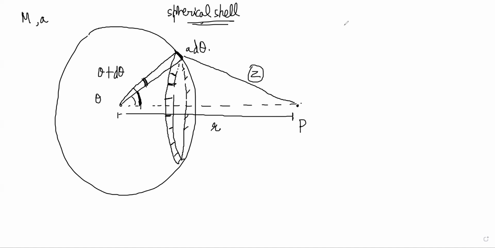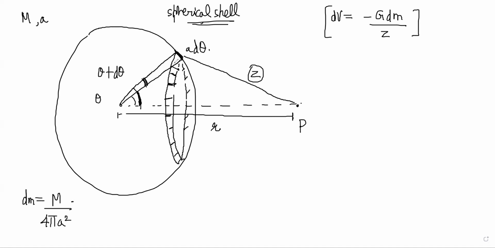Now, obviously, by the ring formula, we know dv should be minus g dm by whatever is the distance of the ring from this point, which is z. That's your ring formula. And now, the mass of that ring, the dm in that ring, would be mass density, which will be m by 4 pi a square, times the area contained in the ring boundary.